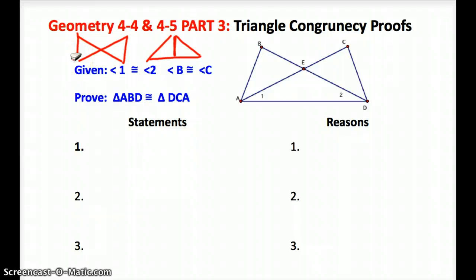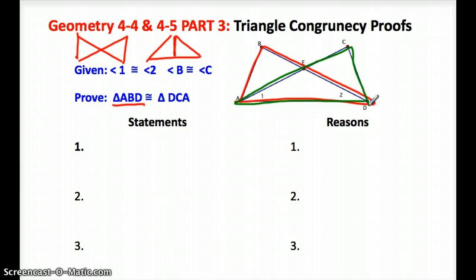See at the proof it says triangle ABD. So I'm using this large one, and I'm proving it's congruent to triangle DCA. I'm using those two larger ones that are overlapping.